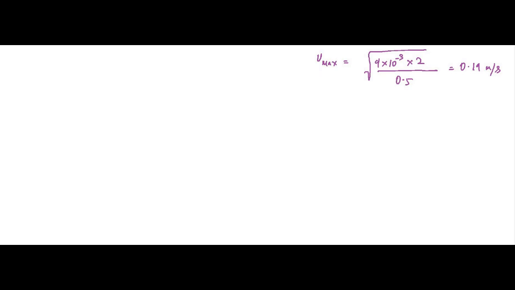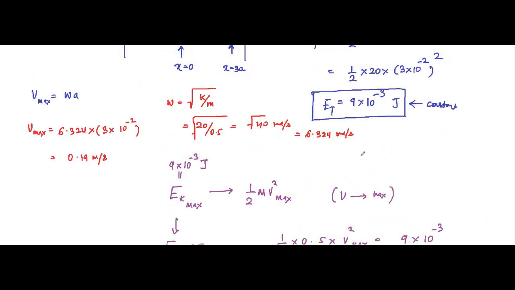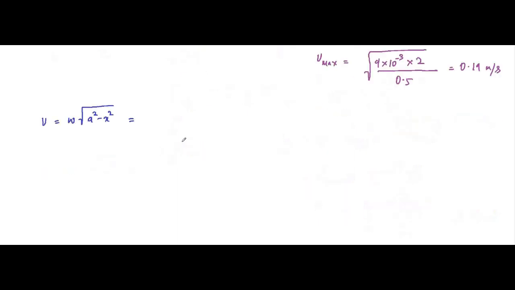At a particular position, velocity is given by omega into root over of a square minus x square. A is the amplitude, x is the instantaneous position, omega is the angular frequency. Angular frequency value I have calculated, it is 6.324 radians per second.